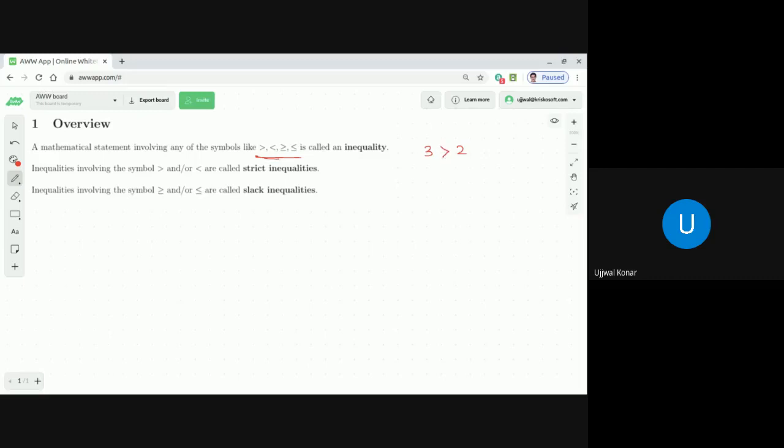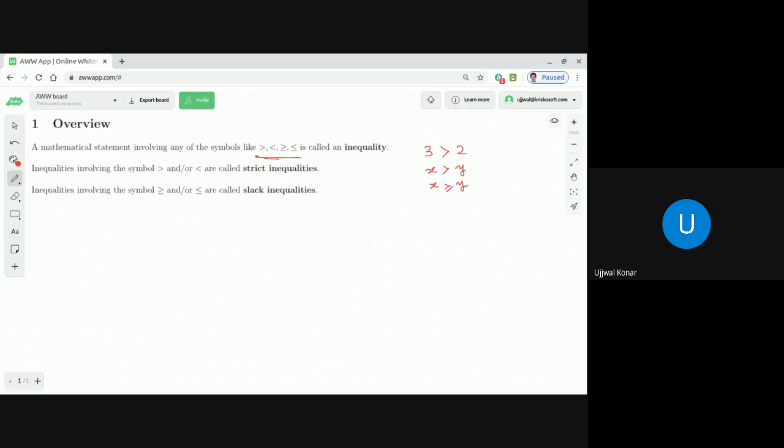Then where does the concept of greater than or equal to come into the picture? When you do not know the numbers, and instead of 3 and 2 the numbers are generic x and y, then you have either x greater than y or x greater than or equal to y. X greater than or equal to y means x can be either equal to y or greater than y.